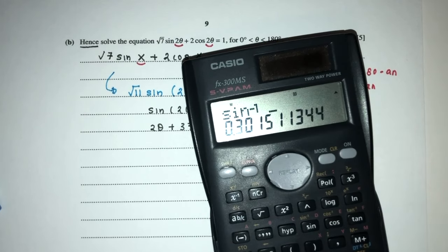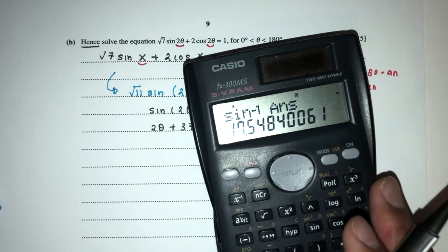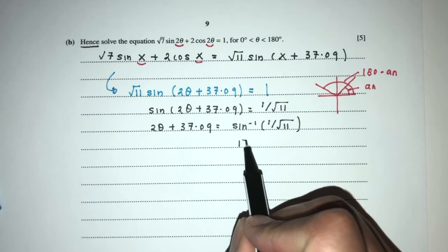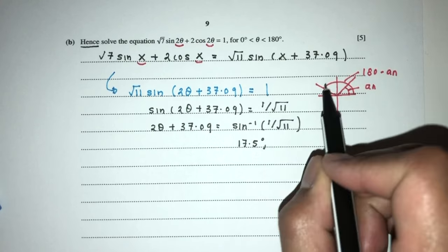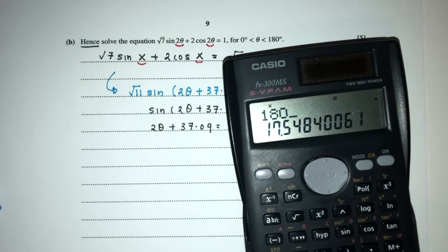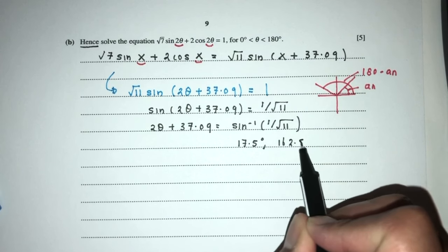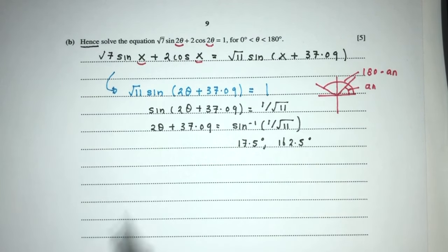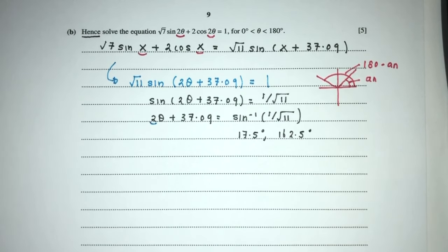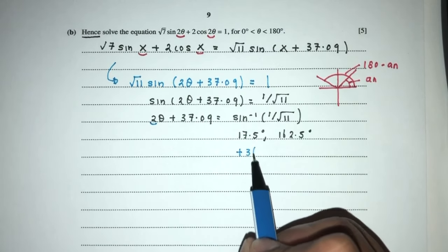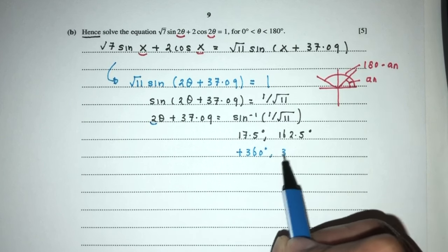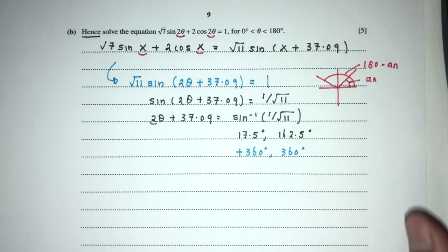Sine inverse of the answer should be 17.5. So 17.5, but also this one is 180 minus 17.5, which should give you 162.5. Now, because here we have 2 theta, what I try to do is add 360 to each of those values, just in case we don't miss any values for the final answer.